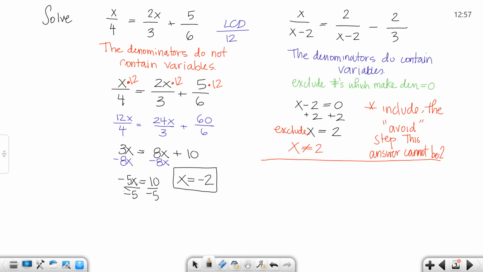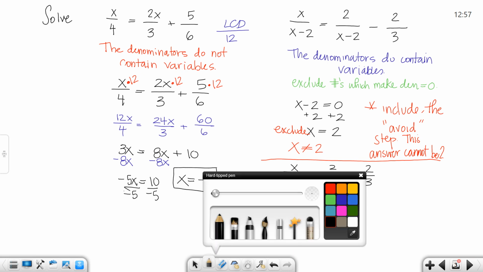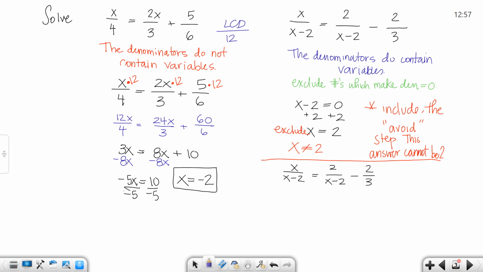Let's start back over. My equation is x over x minus 2, and 2 over x minus 2, and 2 over 3. Now that we've done this avoid step or exclude step, we can work it just like we did the other one. We need to get a least common denominator.